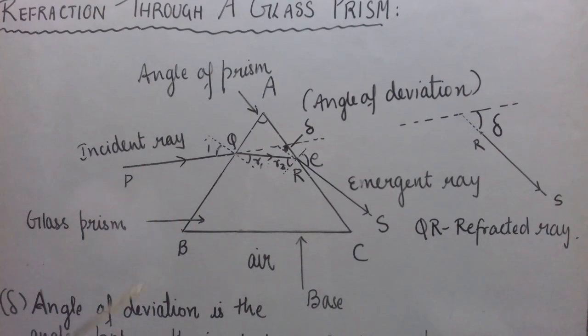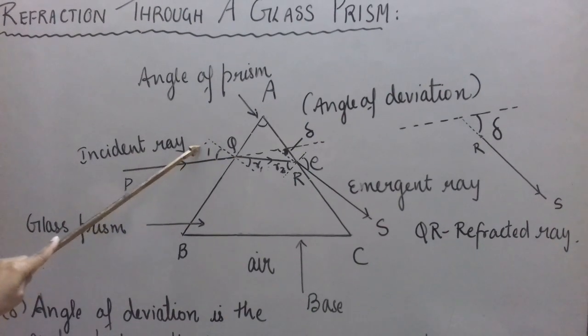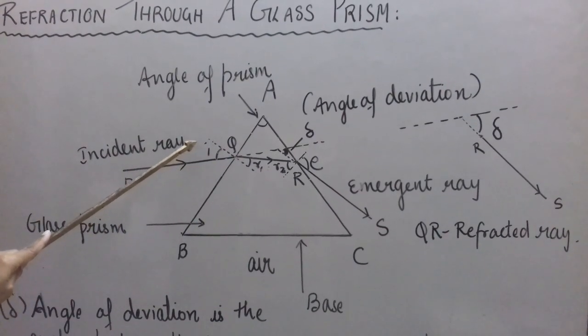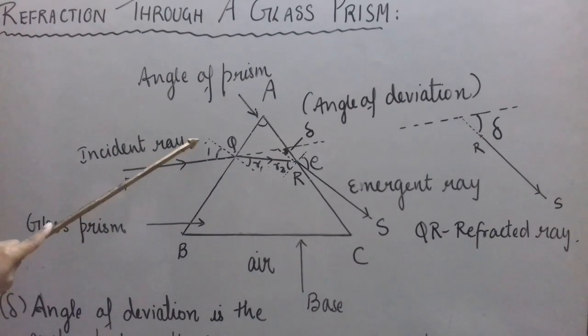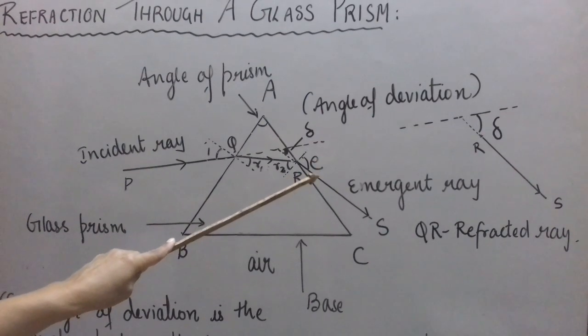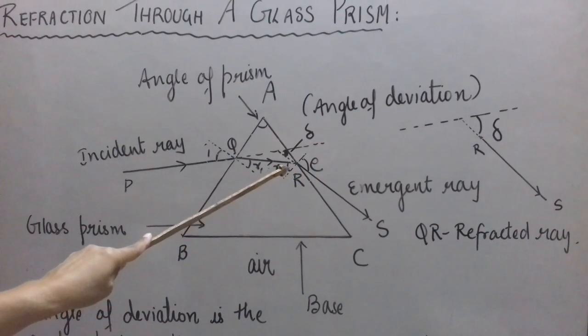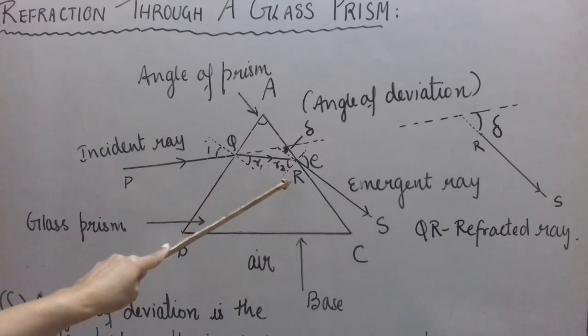Now there is some little difference you will find here. Angle of incidence is i as in the case of slab. Angle of emergence is e as in the case of slab. We know that angle of emergence is the angle between the emergent ray and the normal at the point of emergence.